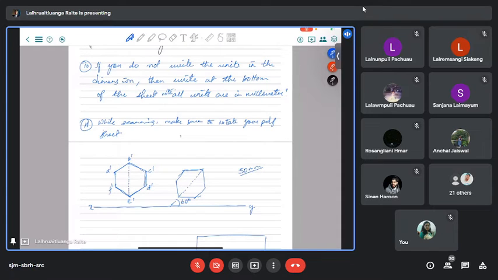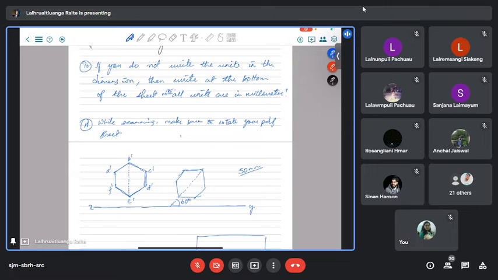So it's very difficult to control the different types of unfair means that can be applied, especially now that we are in distance mode. Okay, but we are trying our level best to make sure that all of these are not done as far as possible. So that is why we are not telling the type of sheet and all these things to be used. Not that I suspect any one of you would do it, but it's kind of a protocol that I would want to hold on to.